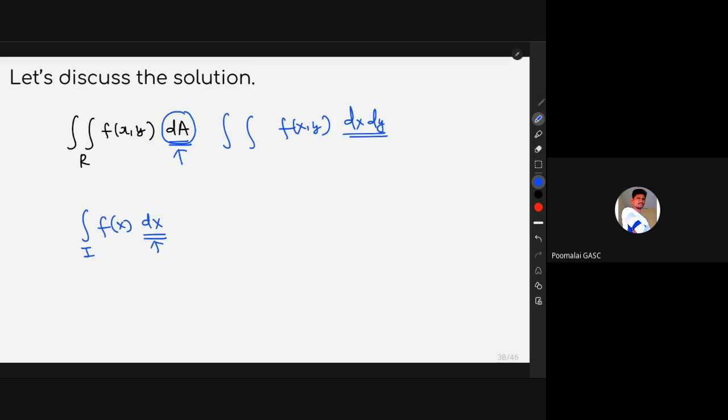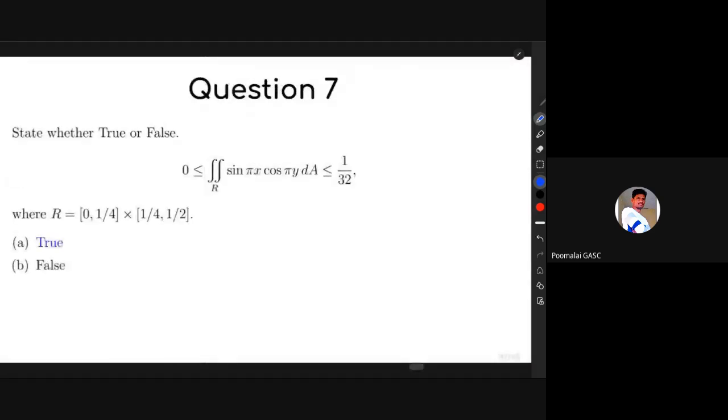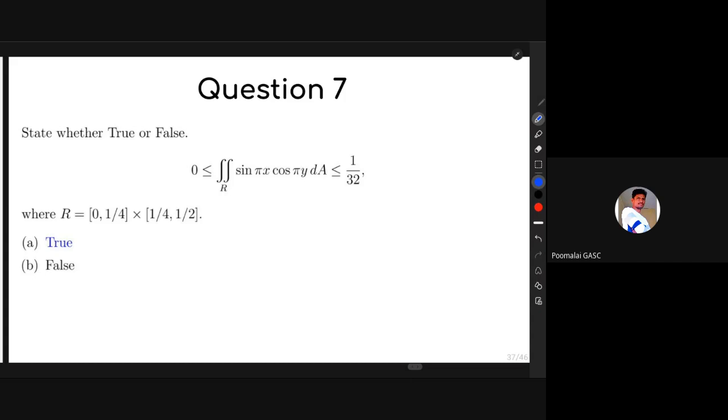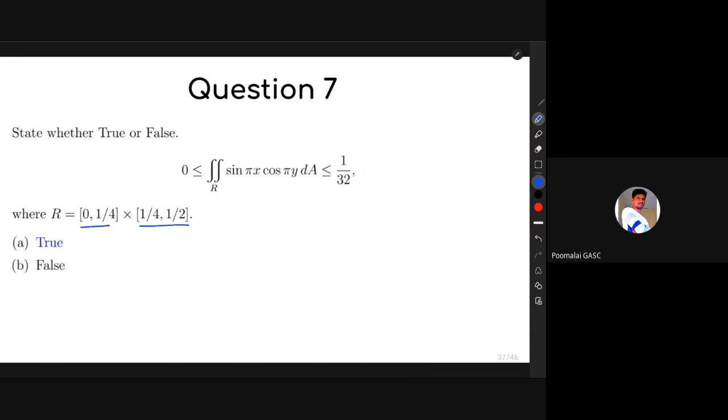And this R given to you is a rectangle. How do you say it is a rectangle? Because it is a product of two intervals. By convention we assume that the first interval is from the x-axis, and the second interval is from the y-axis.